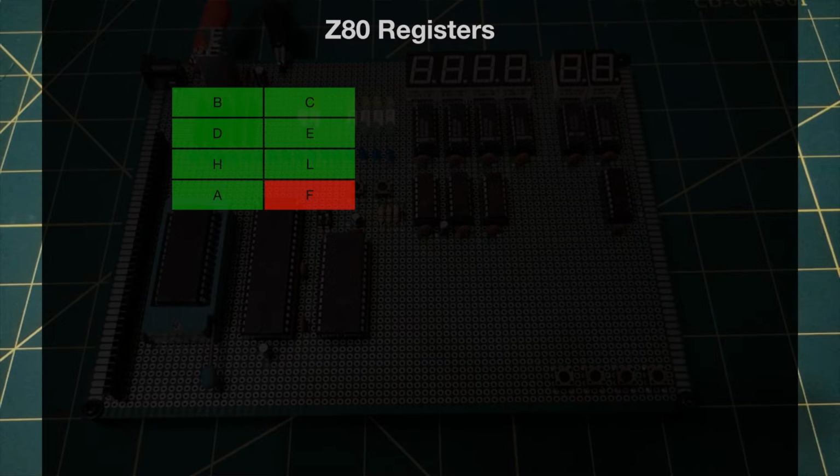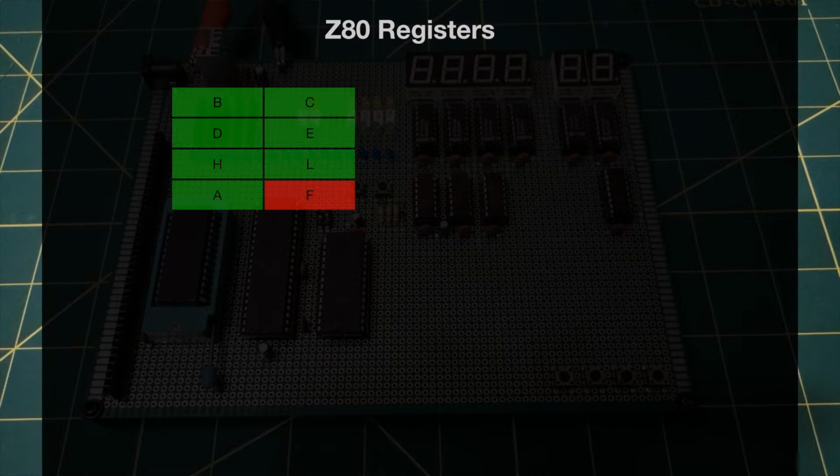So we've got 6 main general purpose registers: B, C, D, E, H and L. We've been using H and L quite a lot, and I think I've used register B and register C a little bit. Not sure, I may have used register D, I can't remember, but all 6 of those are generally considered general purpose registers that are just free for our use.